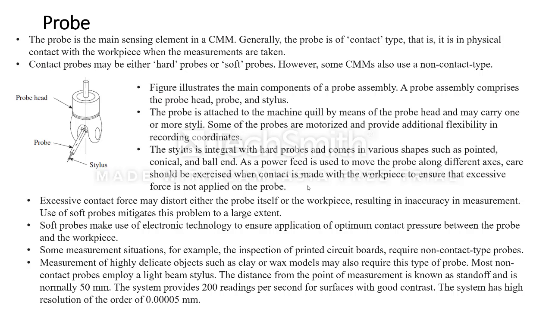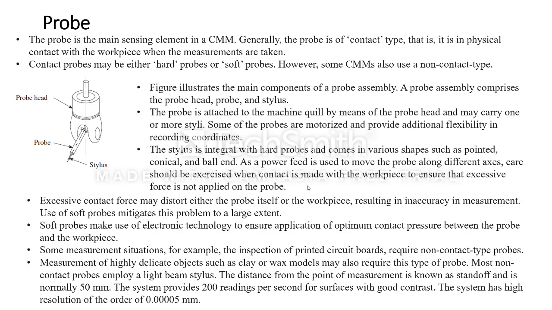The probe is the main sensing element in a CMM. Generally the probe is of contact type, and contactless ones are also there. Coming to the contact type, it is in physical contact with the workpiece when the measurements are taken. Contact probes may be either hard probes or soft probes.